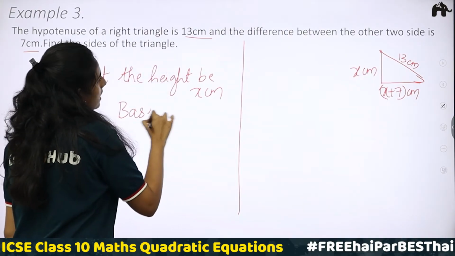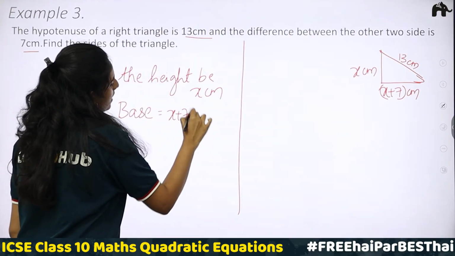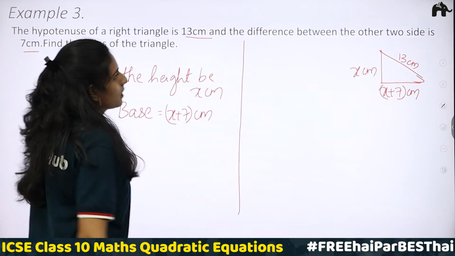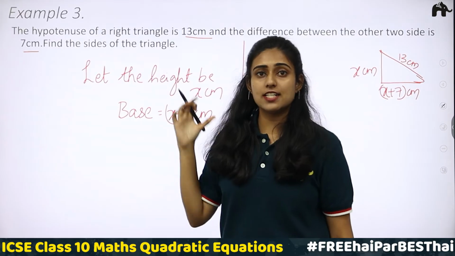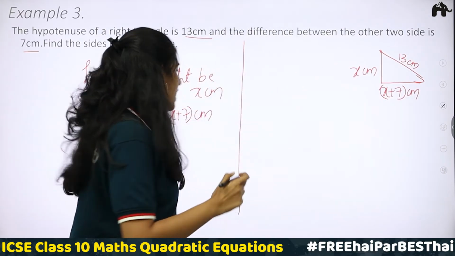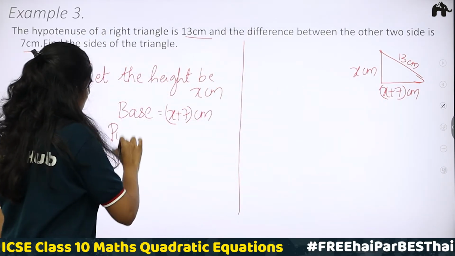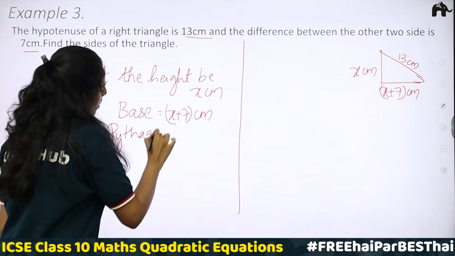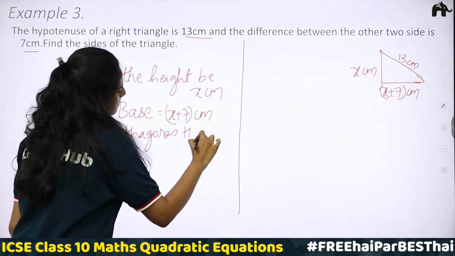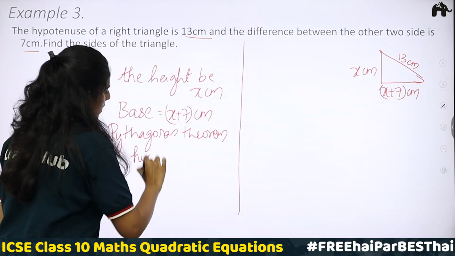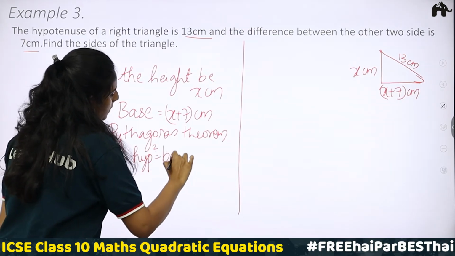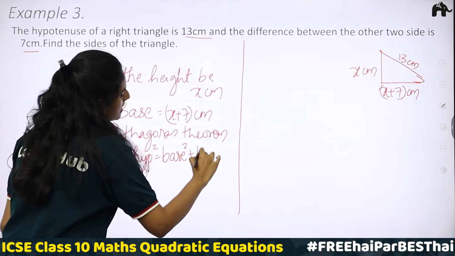Base is equal to x plus 7 centimeter. Okay. Now, we have to find the sides of the triangle from the given information. We have Pythagoras theorem. According to Pythagoras theorem, we have hypotenuse square is equal to base square plus height square.